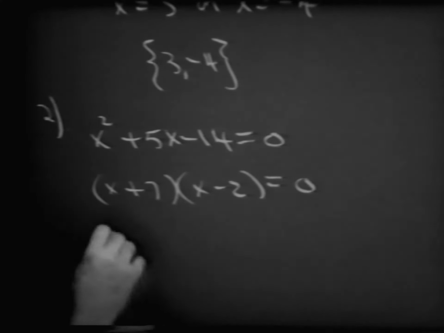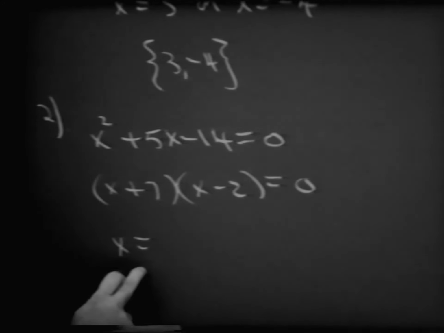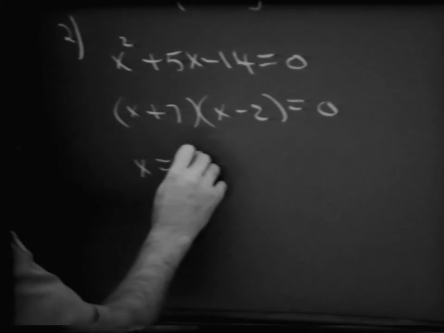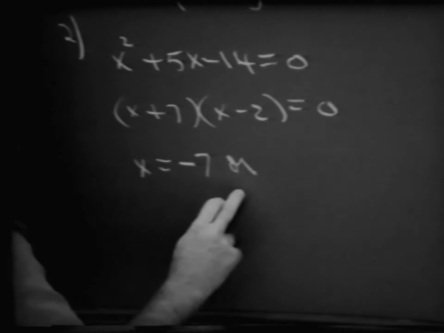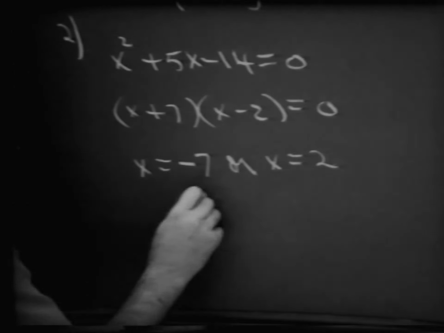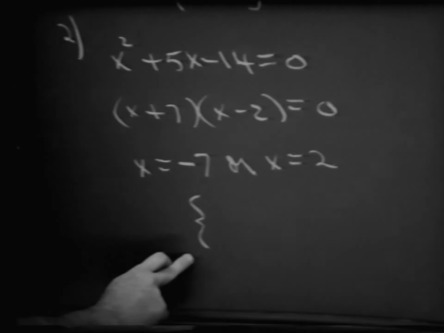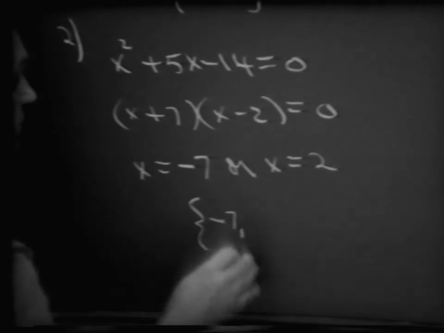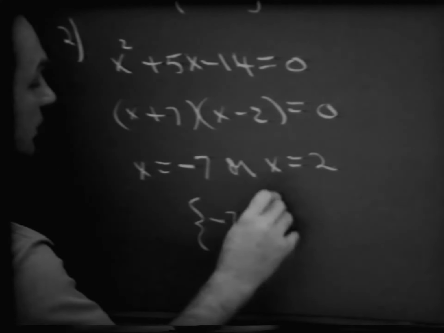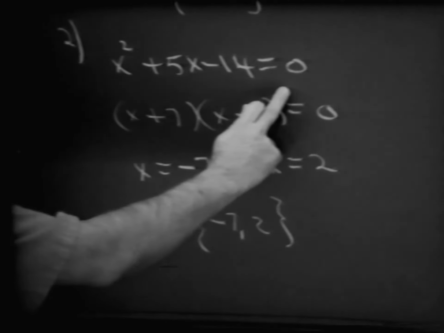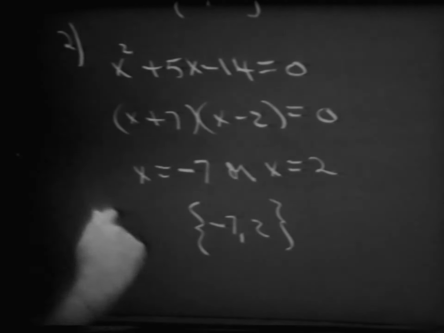Let's go right to our final step. x then is equal to negative 7, or x is equal to 2. Our solution set is going to consist of negative 7, 2, two numbers which will solve this original equation. Is that right?